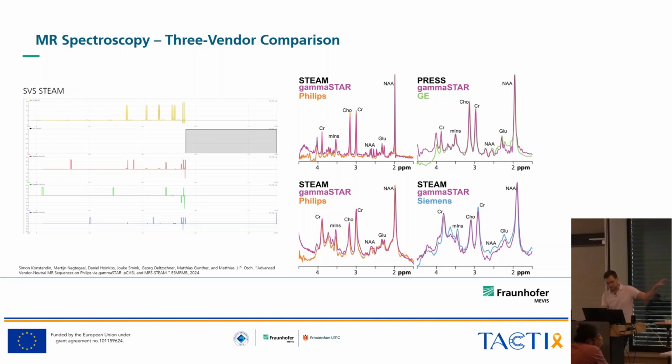So on the left, you see the sequence diagram for a single voxel spectroscopy method called STEAM. And on the right, you can see the different spectra coming out of this sequence, which are very, very comparable. And MR spectroscopy is quite sensitive, because you need a very, very strong water saturation.